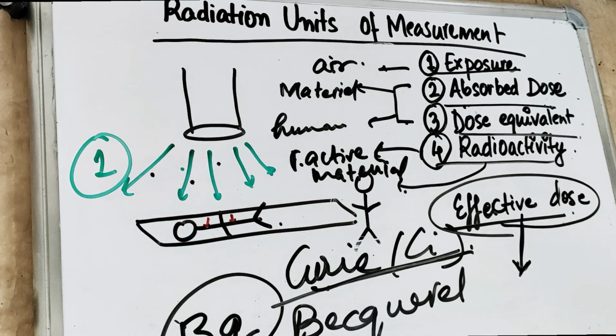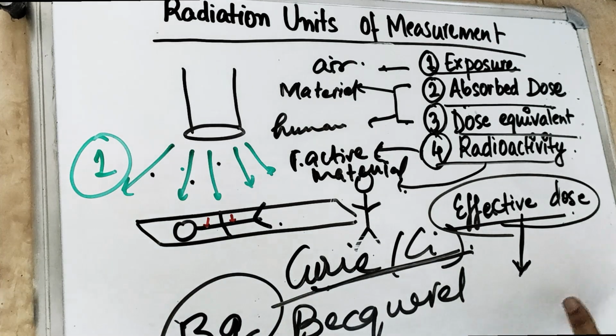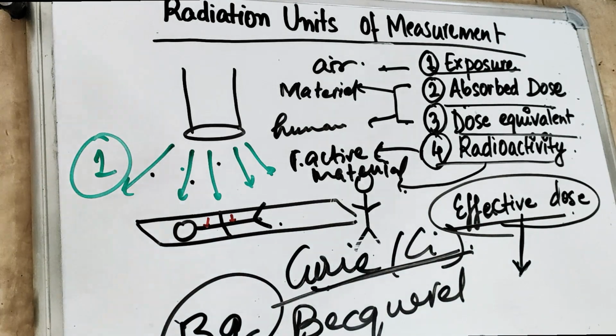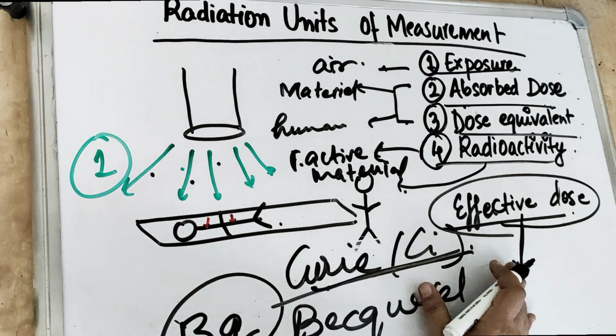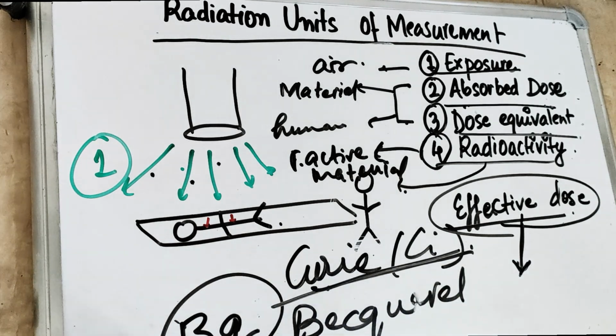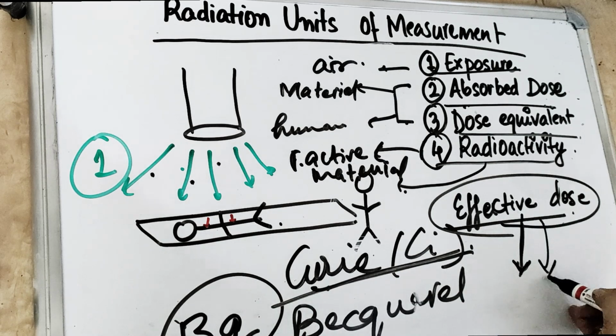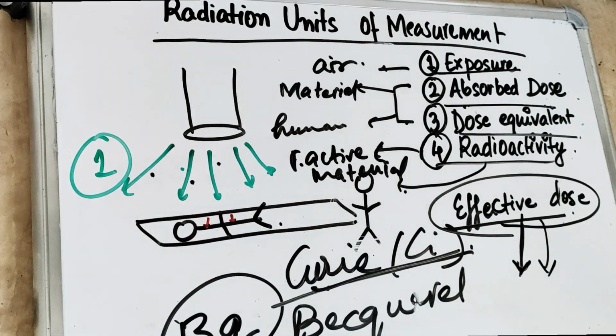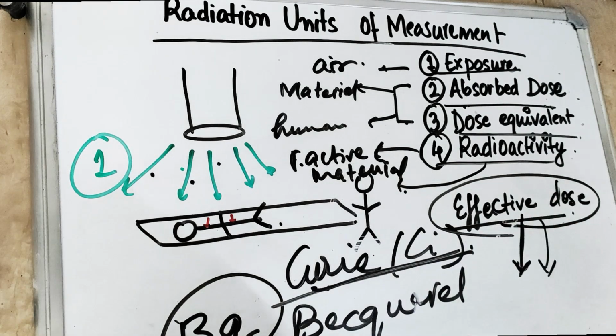They are exposed to radiation for a long period of time, so in them we measure the effective dose. That is the dose which causes the long-term effect. We are not going to calculate the energy which is absorbed in this, but we are going to see the long-term effect that it is going to cause. So basically we see the effective dose in people who are exposed to radiation for a long period of time.